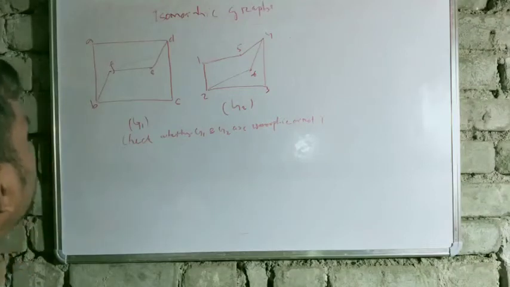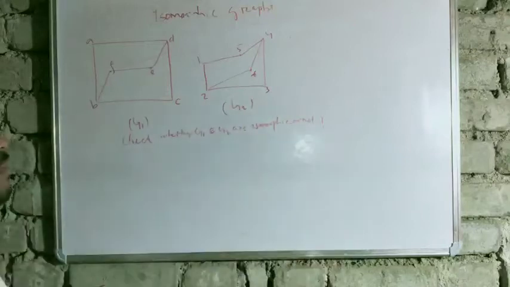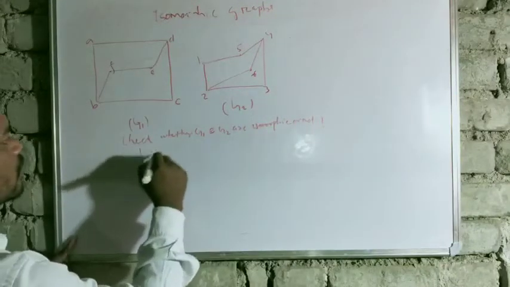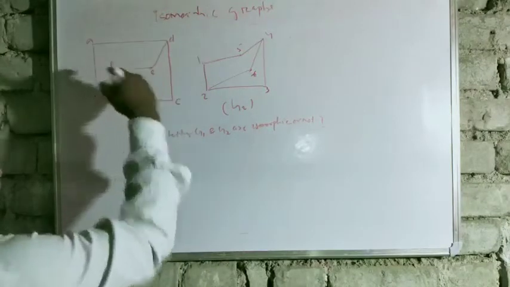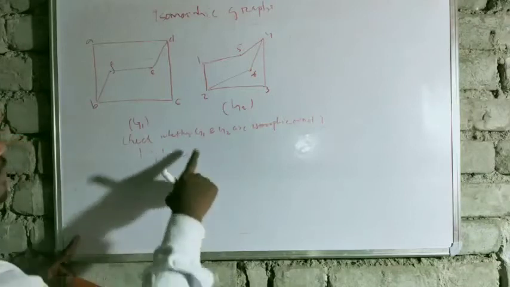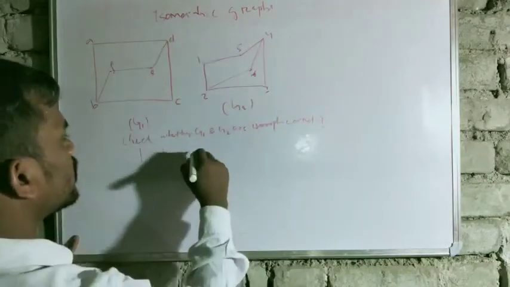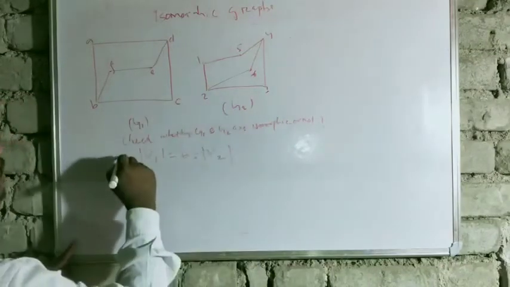Our first step will be to see whether both graphs have the same number of vertices or not. The number of vertices in V1 is 1, 2, 3, 4, 5, 6, that is 6. Similarly, vertices of V2 is 1, 2, 3, 4, 5, 6. That means both graphs have the same number of vertices.